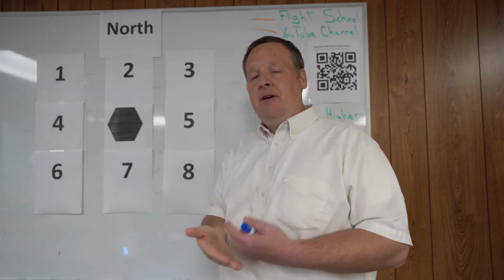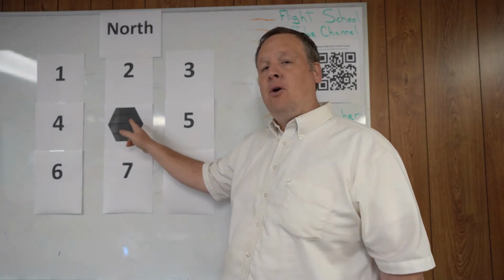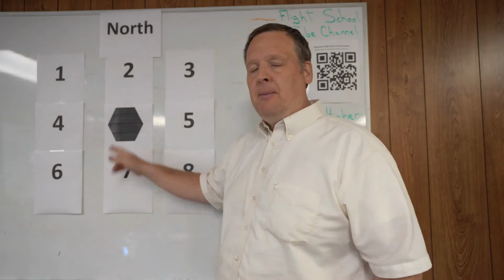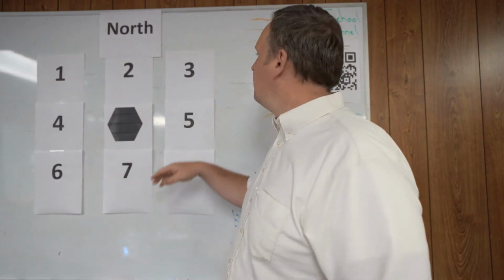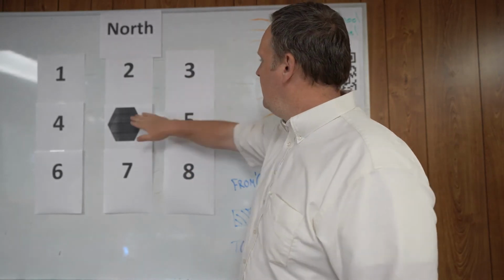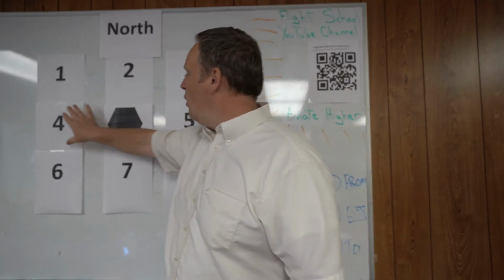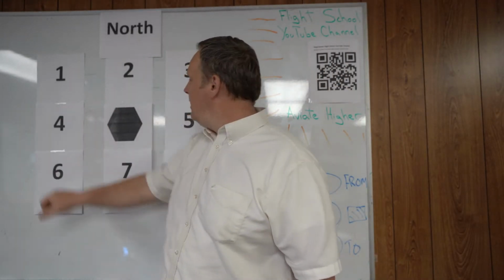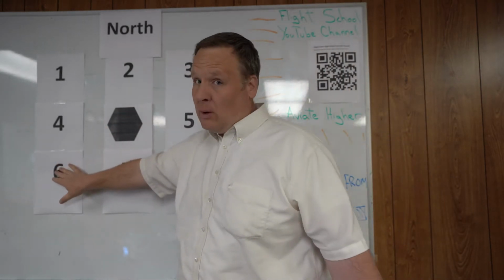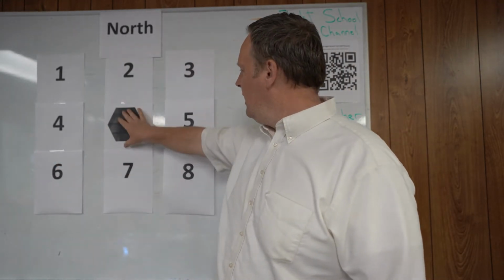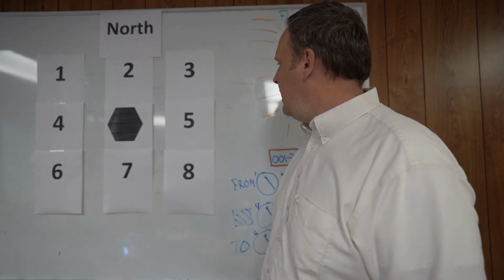And you may hear me say VOR, VOR DME, VOR-TAC, whatever, in lieu of the word Navaid, but it all means the same thing in this classroom setting today. Number 3, as you see, north up, is going to be in the northeast quadrant. Number 4 is going to be west of the Navaid. Number 5 is east of the Navaid. Number 6, southwest. Number 7, south. And number 8 is going to be southeast of the Navaid.